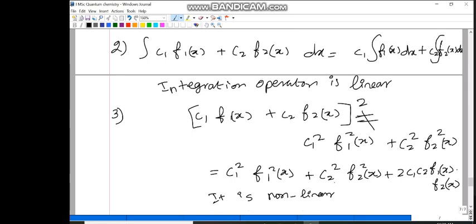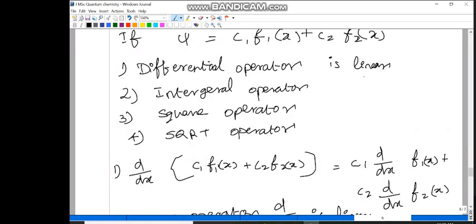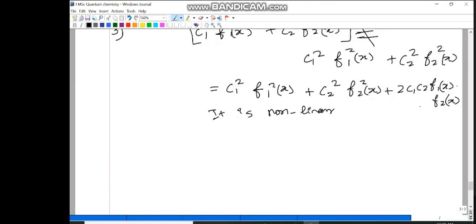So integration is linear. Square is non-linear. What about square root? We'll see. Make it right.